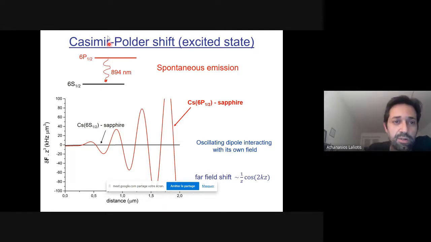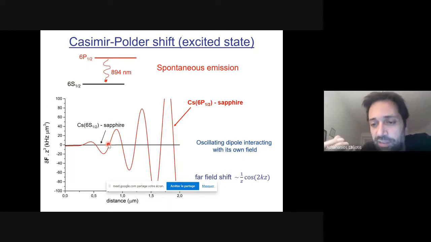So spontaneous emission, for example, if you take the first excited state of cesium, will couple the upper state with the lower state. And this will create a real oscillating dipole in front of the surface. So this will add an additional term in the atom surface interaction, a term of the oscillating dipole interacting with its own reflected field.